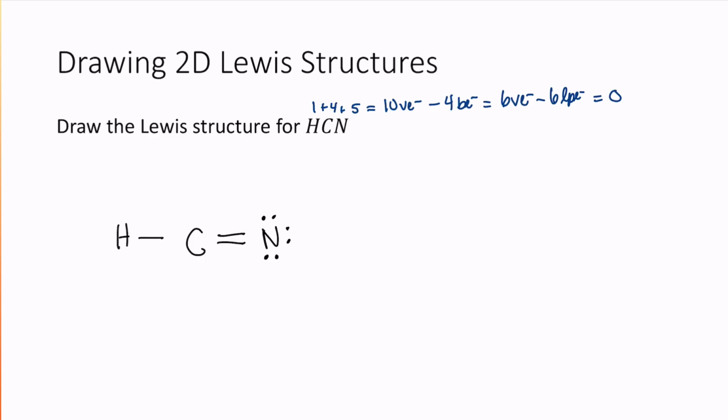Another thing about this is I now have 10 electrons around nitrogen, so I can't just start drawing lines. I need to shift my electrons within the structure around. So the lone pair from nitrogen can donate and form a double bond between the nitrogen and carbon.